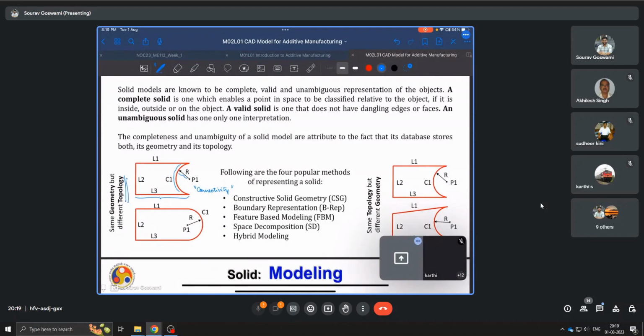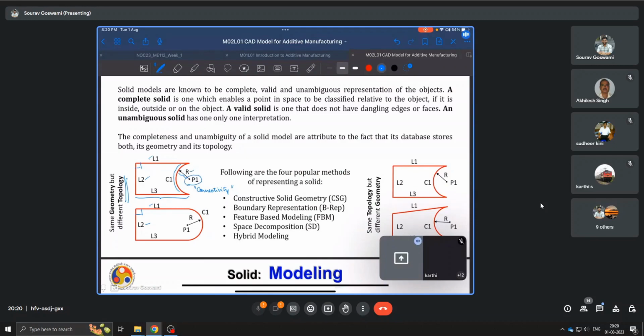So, a very illustrative example here. You see that these two parts are the same geometry mostly because both L1 are the same in length, L2 is the same, as well as between L1 and L2, the angle again remains the same. C1 is part of the same arc, having the same radius. What is changing is actually the center here.